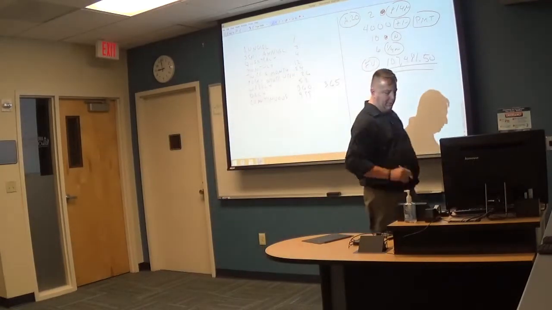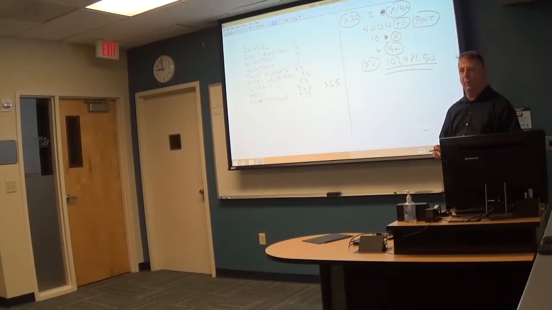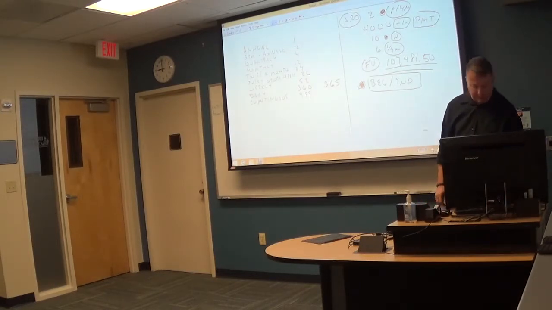I'll show you how you get the answer, but I want to explain it because this is super important for real estate. All you have to do to solve for this is hit the shift key, then the begin/end key, which is in the upper right-hand corner of the calculator underneath the margin key, MAR.